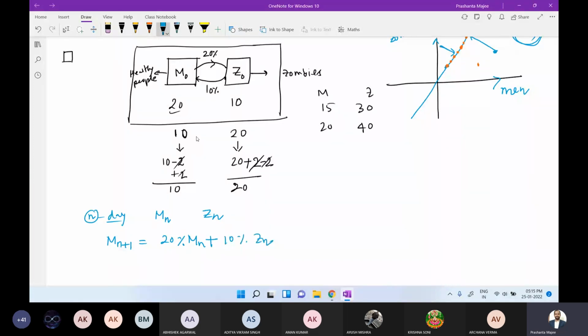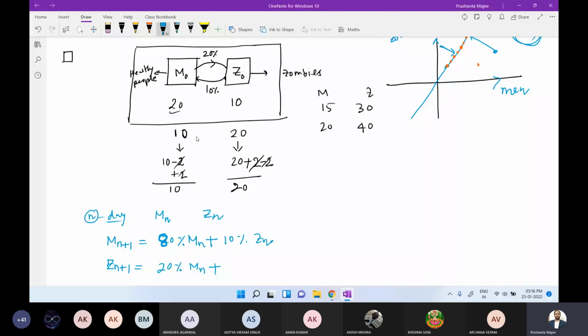And what will be the zombies? So it will be z_(n+1) equals 10%... Sorry, it is 80%. 80% will be remaining men. So 20% will be coming from men, plus 90% will be remaining from zombies themselves.